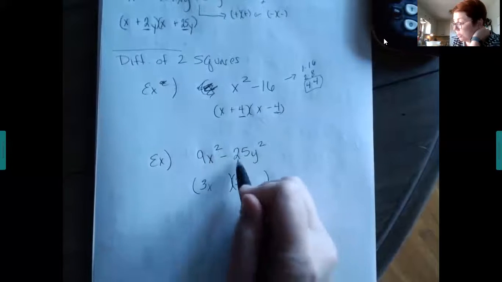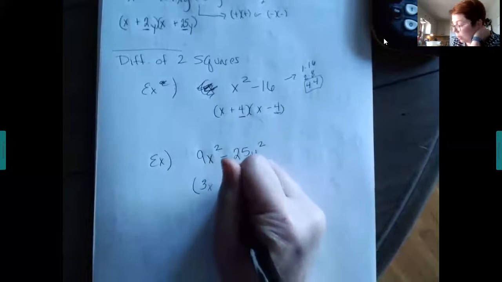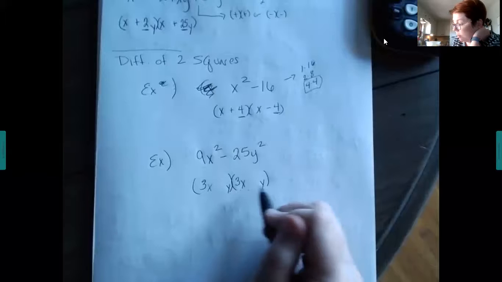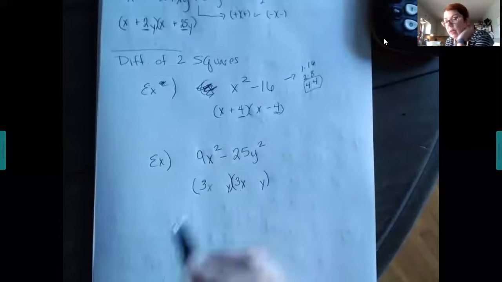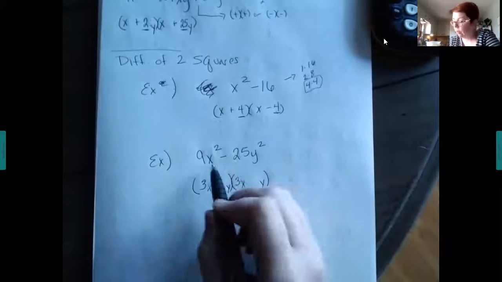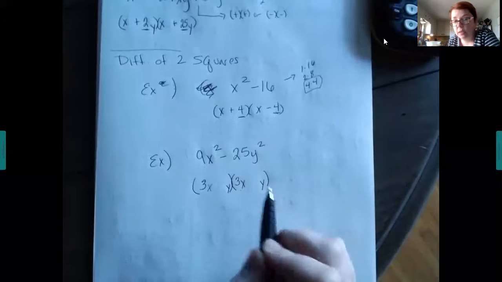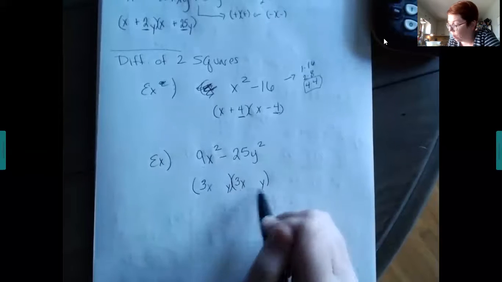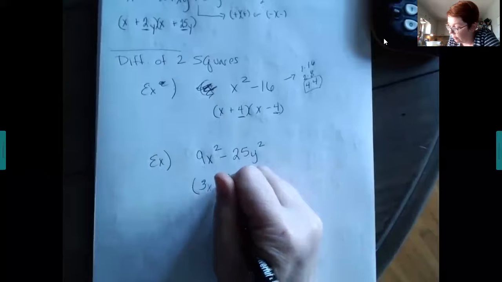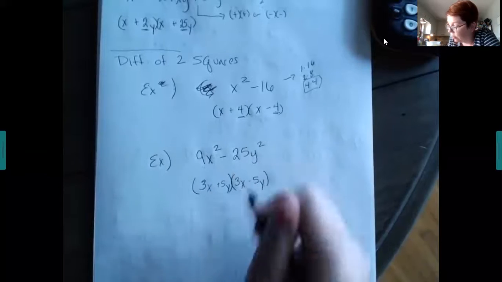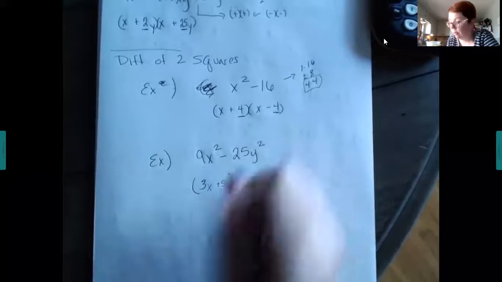Something times something gets me 25. Y times y gets me y squared. Again, in order for this to have only 2 terms, it needs to be the same thing. One's a plus, one's a minus. So the back term will have y, and 5 times 5 will get us 25.